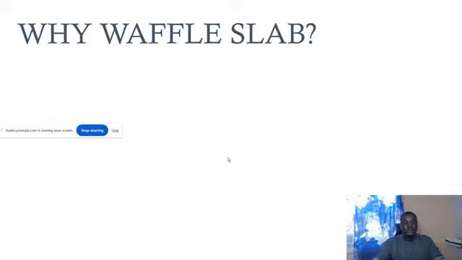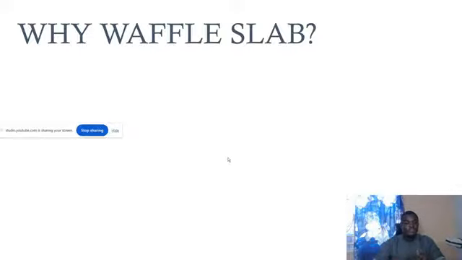The first thing we like to ask ourselves is why do we have to provide waffle slab, or when do we provide it in construction or in design generally? So I've listed some of the advantages of waffle slab over other types of slab. We all know we have four basic types of slab which can occur in different forms.